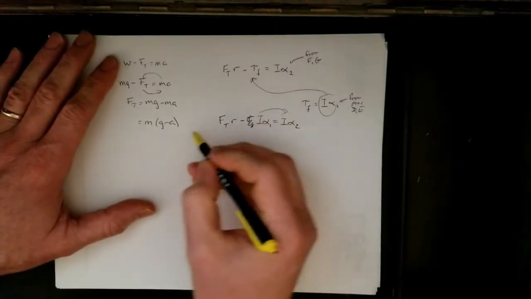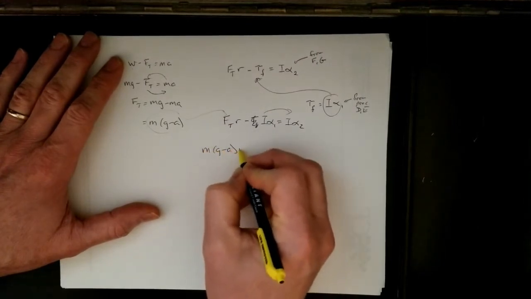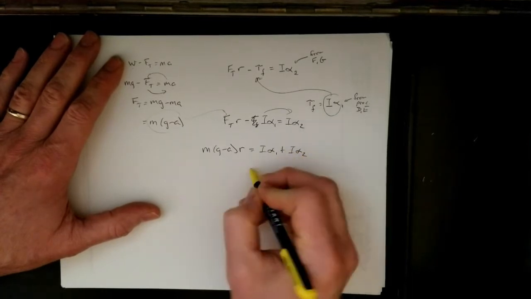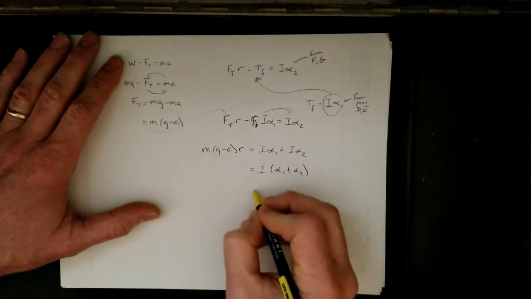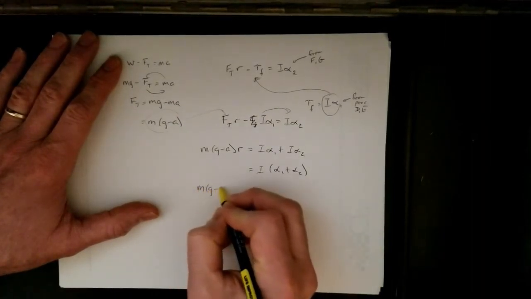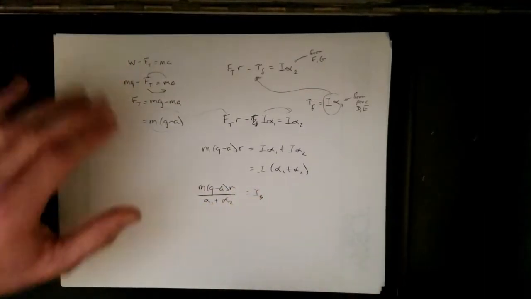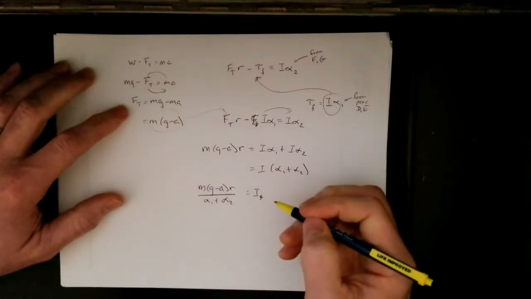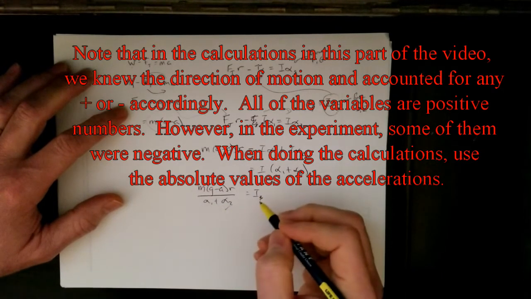Bringing that term over and then substituting that in for tension, I get m times (g minus a) times R equals I alpha 1 plus I alpha 2, and that's I times (alpha 1 plus alpha 2). And so the moment of inertia is going to be m(g minus a)R over (alpha 1 plus alpha 2). From experimental results, in procedures F and G, we found a, we found alpha 2.